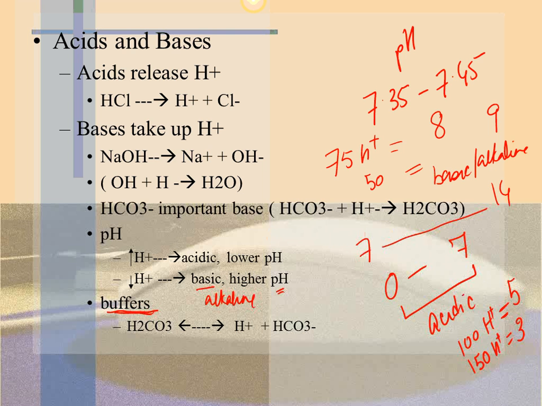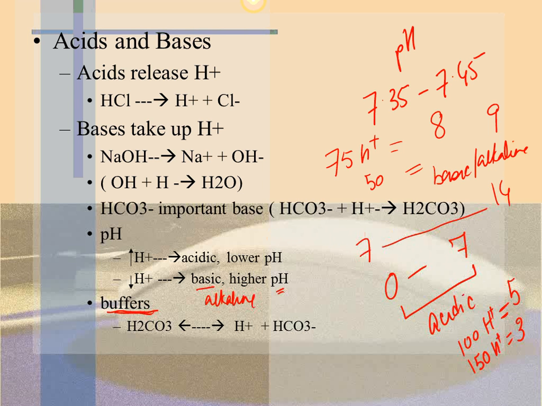Now, buffers are solutions or substances in the body which resist a change in the pH. So what they do is, if your pH goes either below 7.35 or above 7.45, the buffers will either release hydrogen ions to bring down the pH, or they will mop up hydrogen ions to take the pH up.